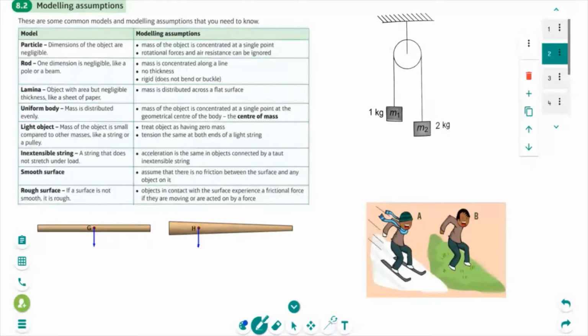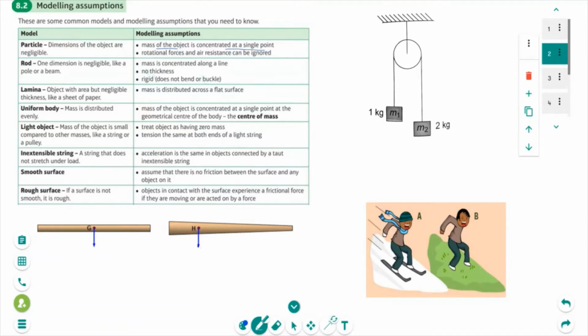Okay, so first word, particle. Quite often you can model objects as particles. Quite often they model a person as a particle. So the definition of a particle: the mass of the object is concentrated at a single point.